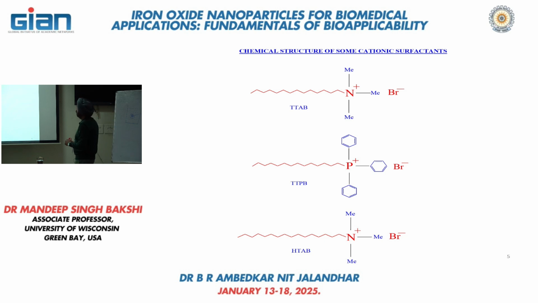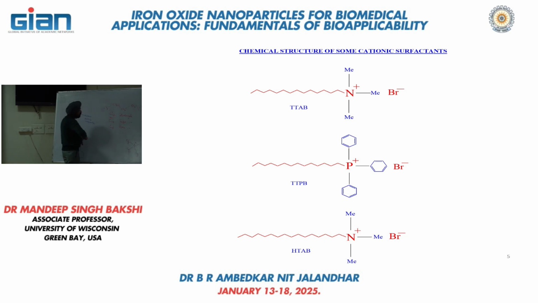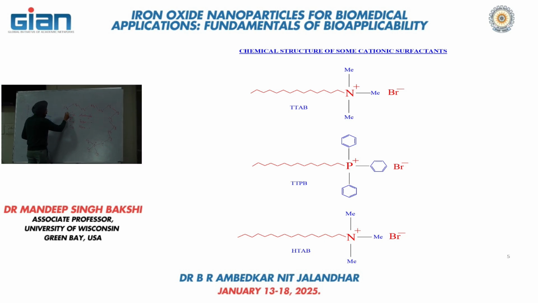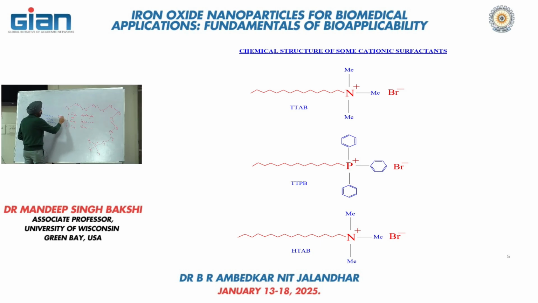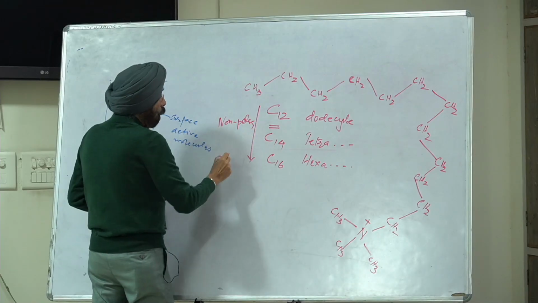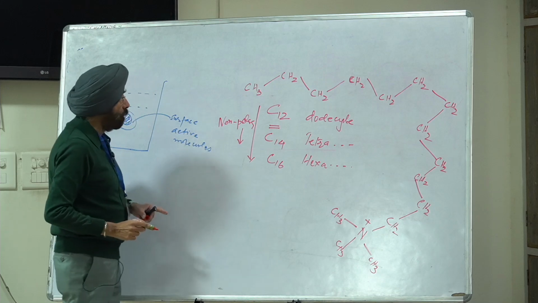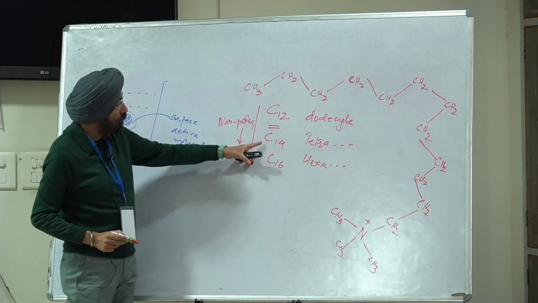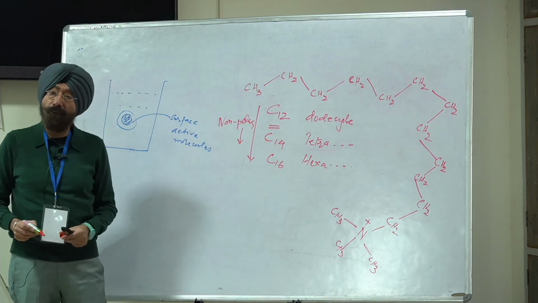functional groups as well. So you see now, if I increase the chain, I am increasing the nonpolarity. So nonpolarity increases as the length increases from C12, C14, C16, and so on.